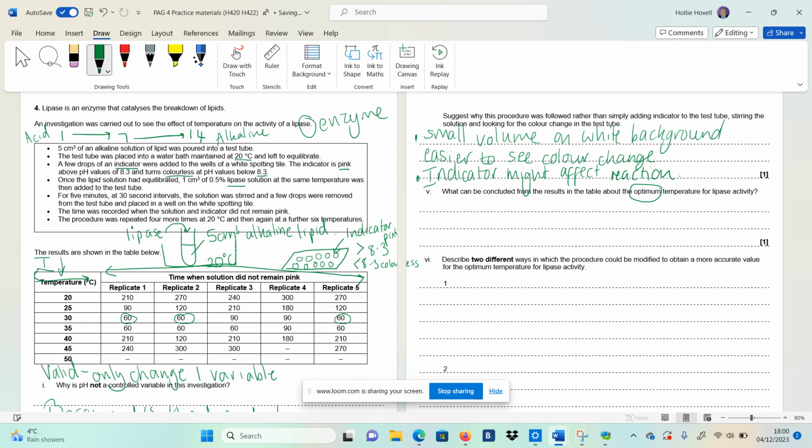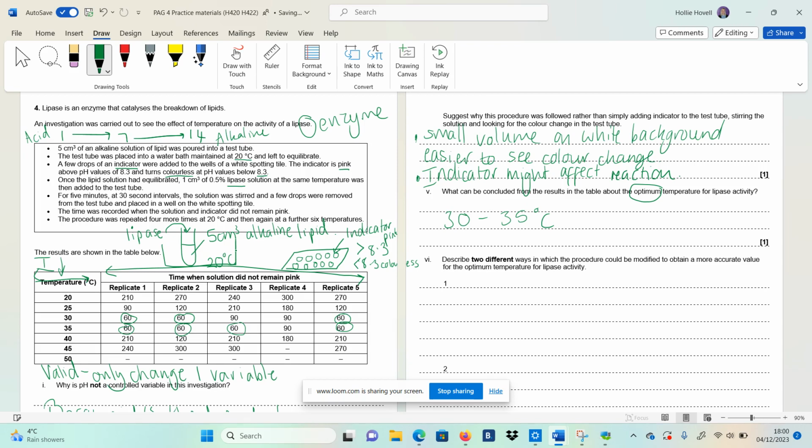So we've got 3 60s in that row. We've got 60, 60, 60, 90, 60. So we've got 4 60s in that row. And we've got 190 there. So they're definitely the 60s and 90s, in around about 30 to 35 degrees C. Okay, so that indicates that that's when it's at the optimum because that's when it was taking the least time to change.